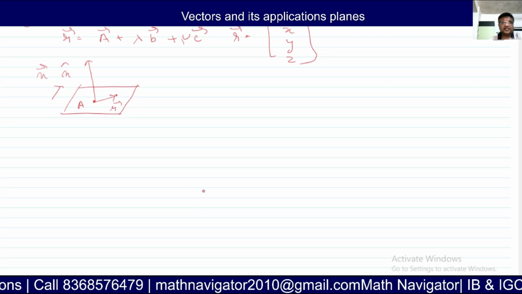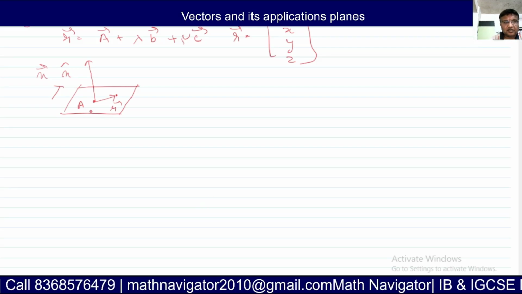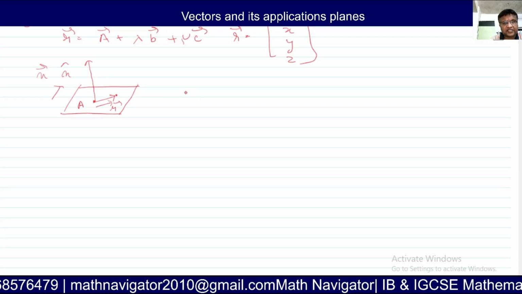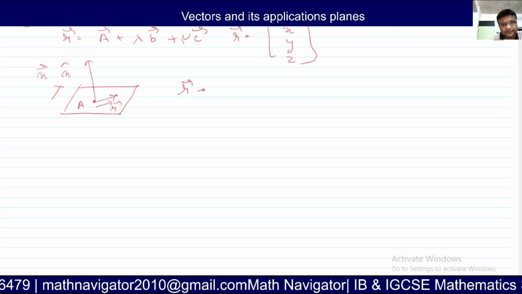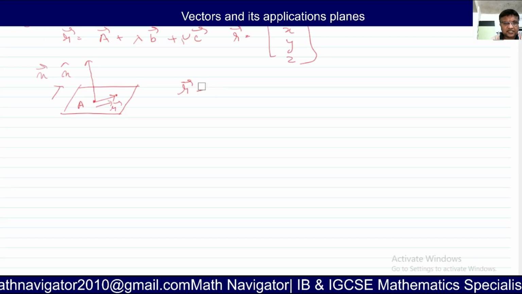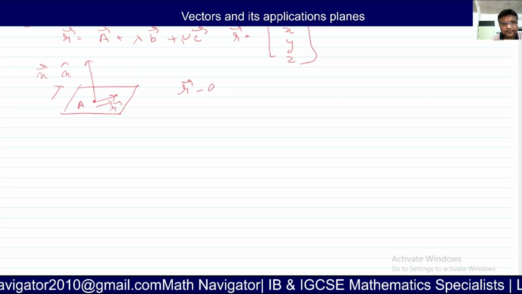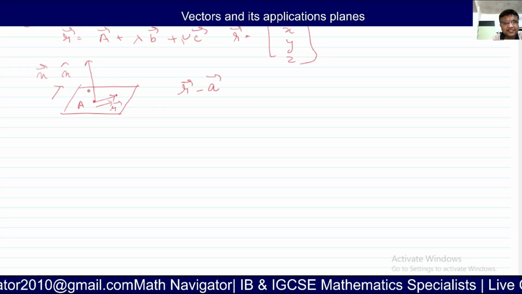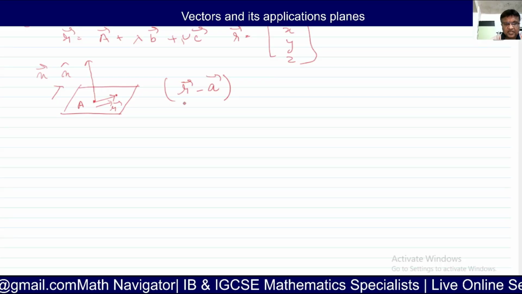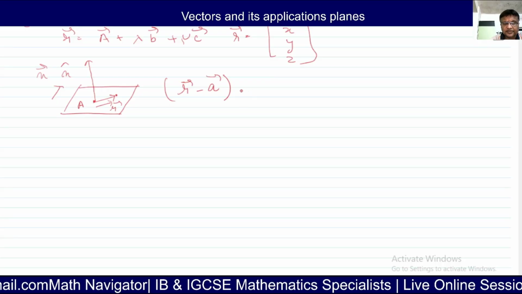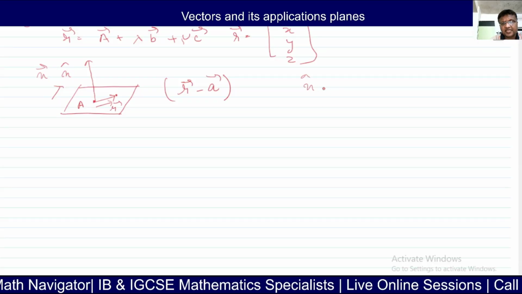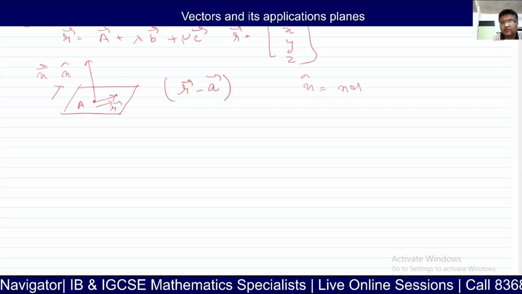So in this case, this whole vector can be written as vector R minus vector A. And this normal vector is vector n. So this is a general vector, and this vector n or n cap is the normal vector.